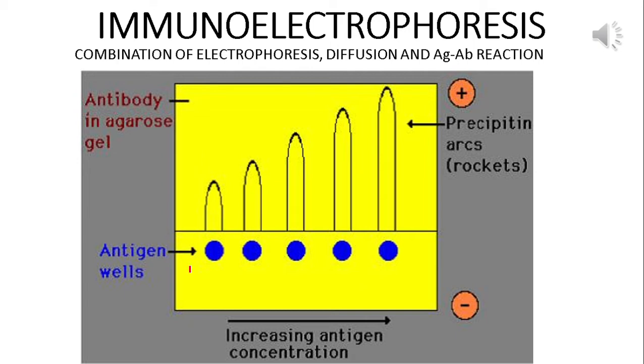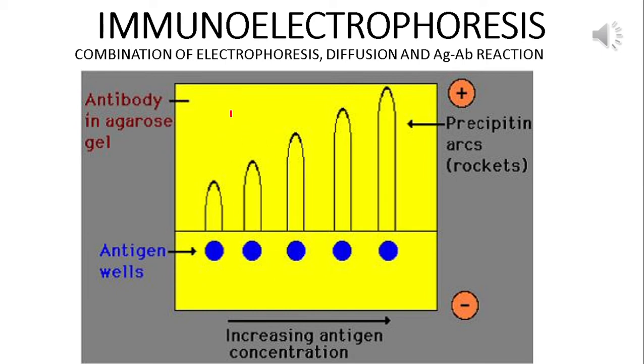You can see in this diagram, here antigens are there in the wells, antibody is taken on this side, and during electrophoresis these antigens are actually separated and antigens and antibodies are diffusing towards each other.